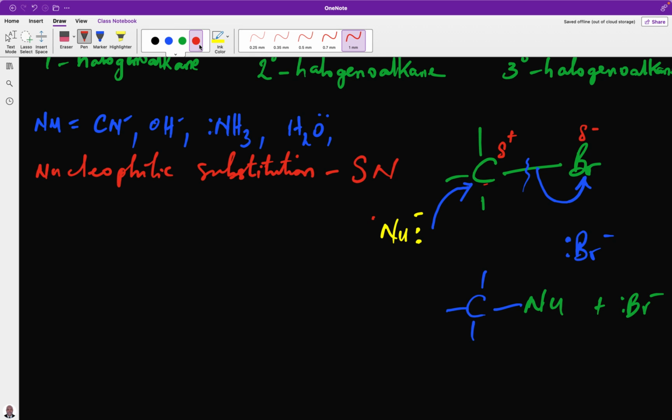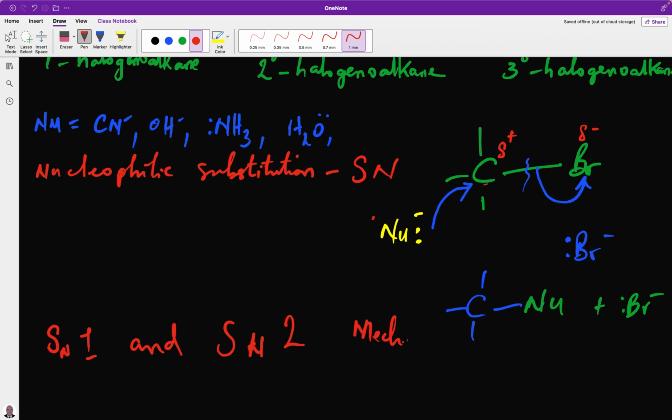We have the SN1 mechanism and the SN2 mechanism.